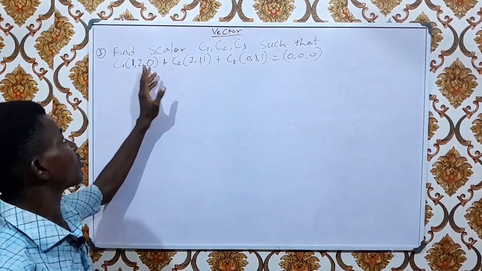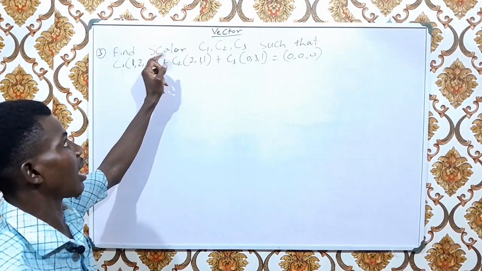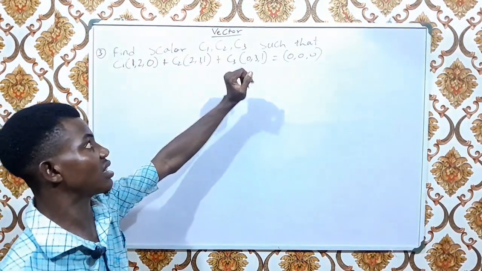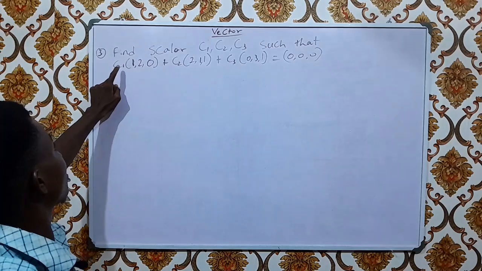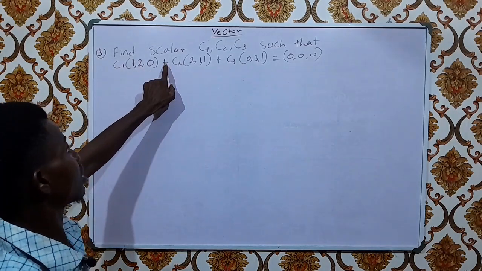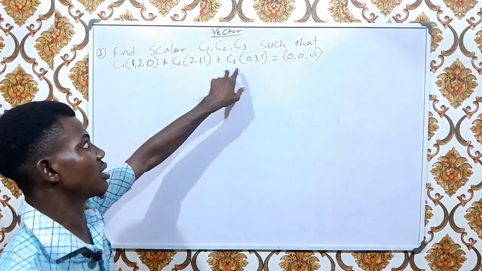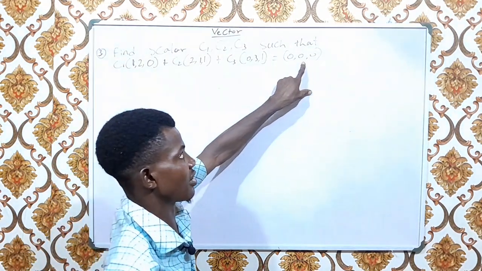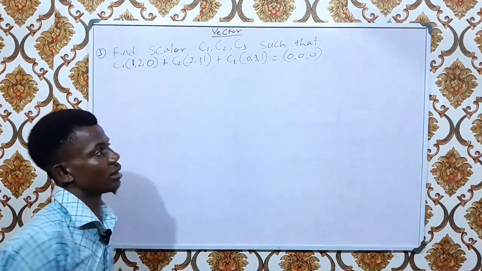The last question says find scalars C1, C2, C3 such that if C1 operates on this, C2 times this, C3 times this will give us 0, 0, 0. The same pattern.